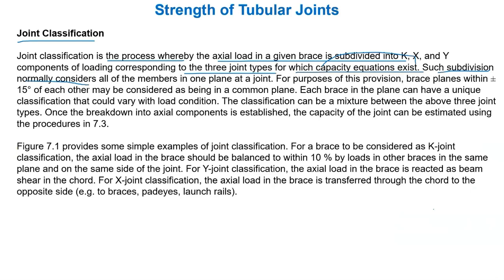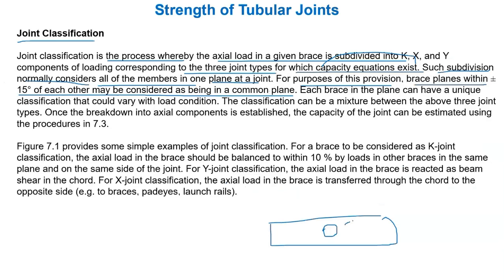Such subdivision normally considers all the members in one plane at a joint. For the purpose of this provision, brace planes within 15 degrees of each other may be considered as being in a common plane. Suppose in the tubular, one tubular is coming here and another tubular is coming here, some 15 degrees away from this plane, that also we will consider as a single common plane.